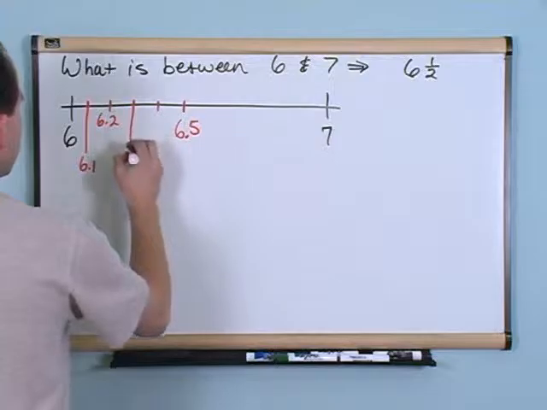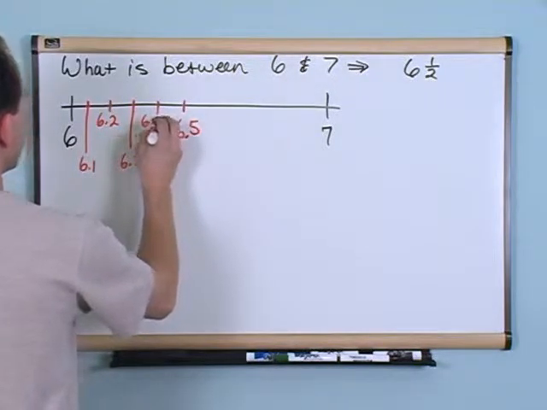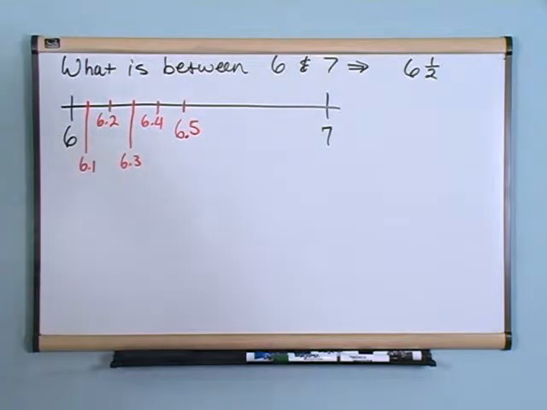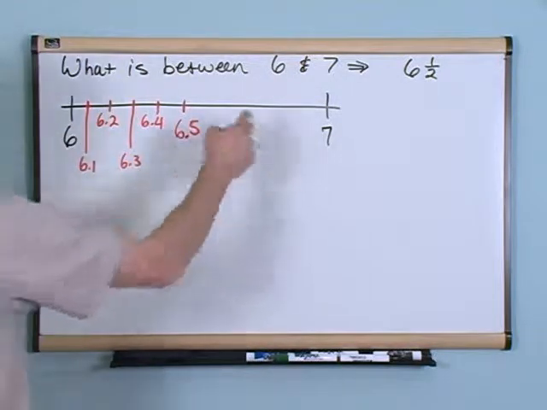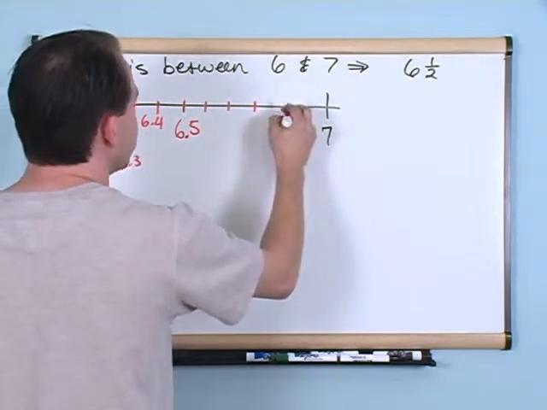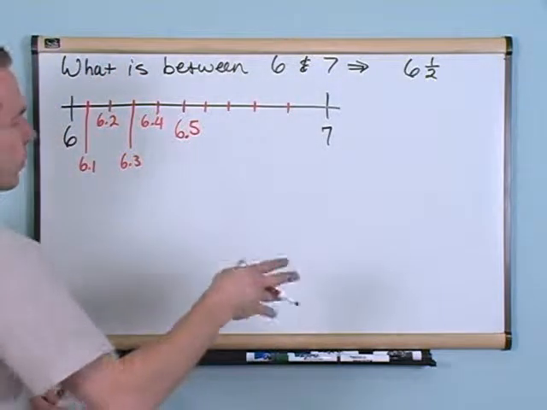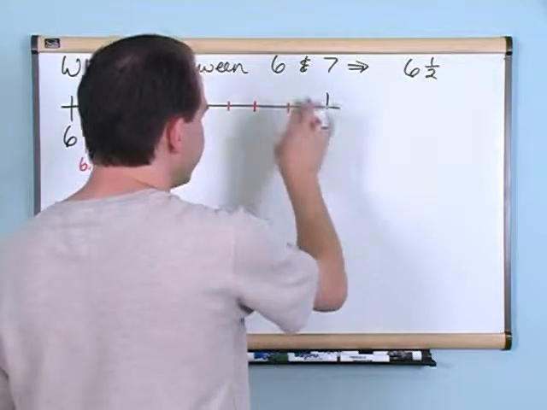And then here's 6.5. So what would come after 6.5? You'd have 6.6, 6.7, 6.8, 6.9, and then 6.10, which is basically just going to roll over. It's not going to be 6.10, it's just going to be 7.